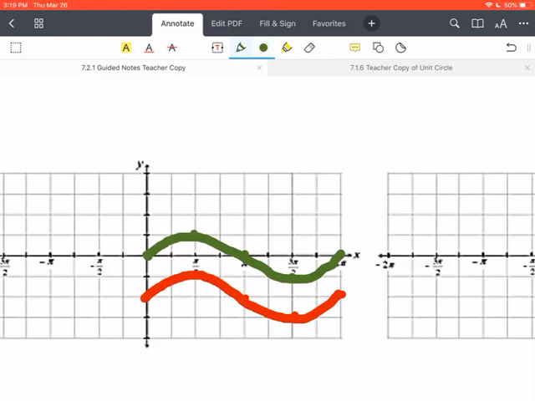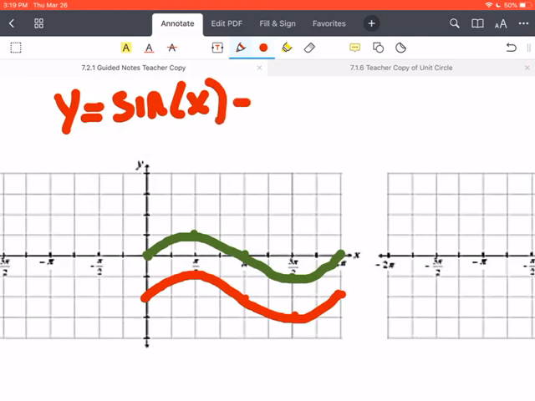Now, what is the equation of the red function going to be? If you think back to our transformations unit, we have y equals sine of x, but then what did we do? We shifted down 2.